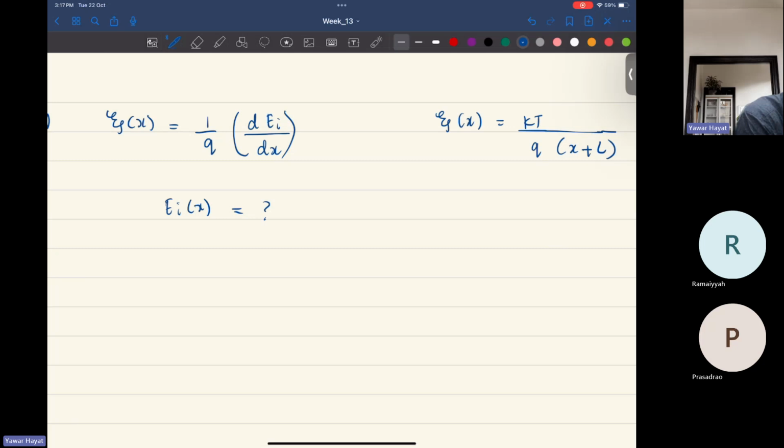So I'll write the following. That your E of x varies inversely with x.